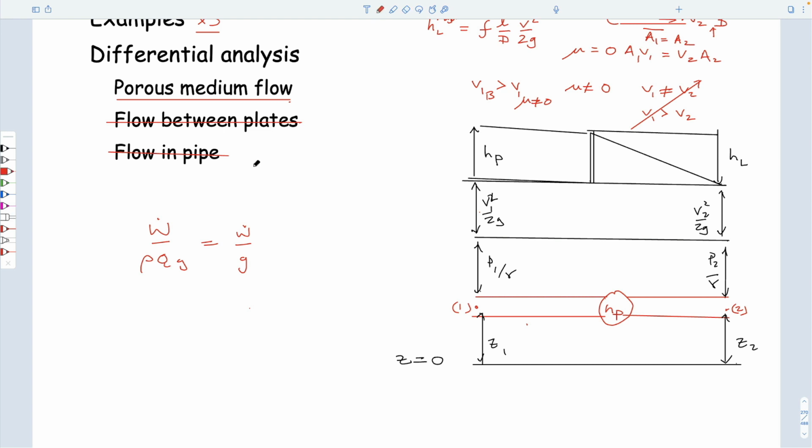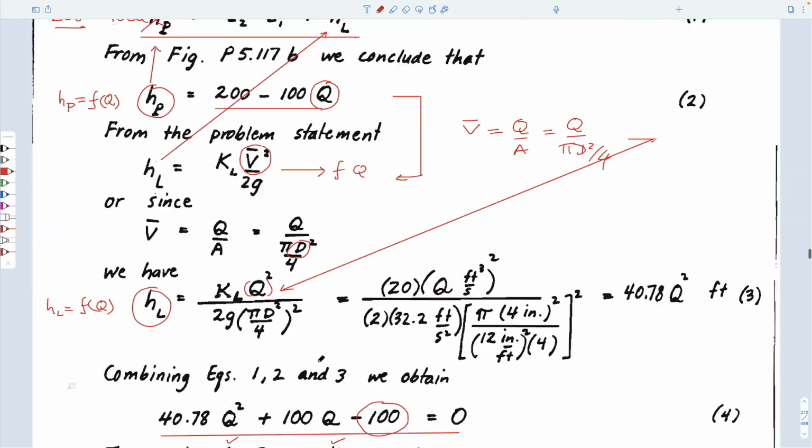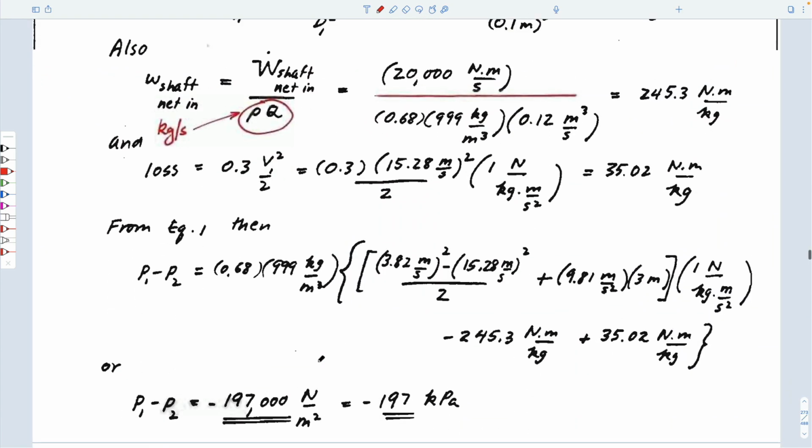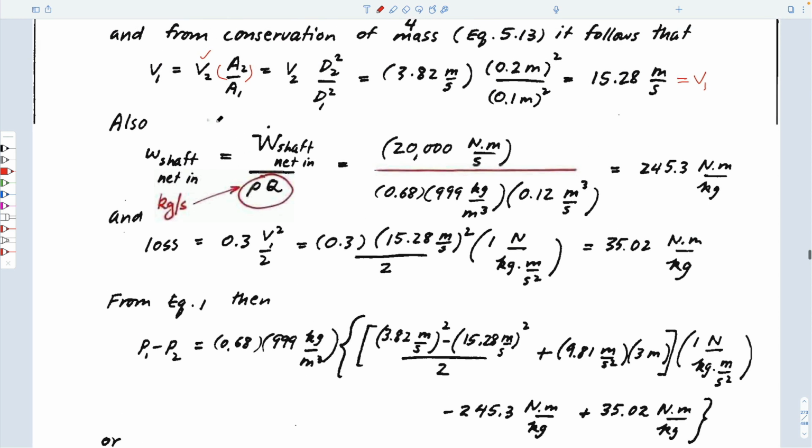They're doing this. So W dot rho Q is equal to lowercase w dot. That's all. Which is kind of complicated. I wouldn't have done it that way, but that's exactly what they're doing here.